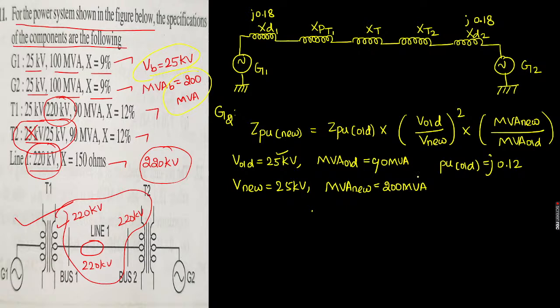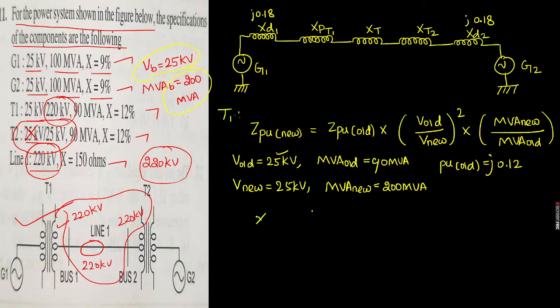That is for transformer 1. Transformer 1 and transformer 2 have the same rating. If transformer 1 has 25, transformer 2 also has the same voltage on the secondary side. So whatever per unit reactance we calculate for transformer 1, the same will be considered for transformer 2 also.